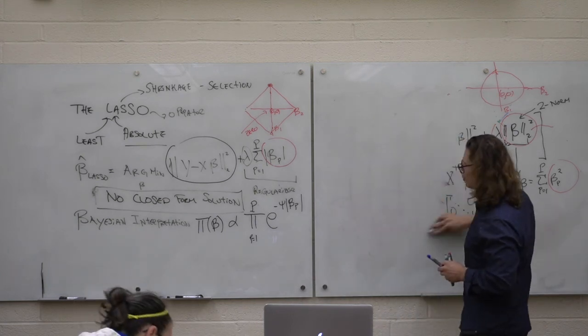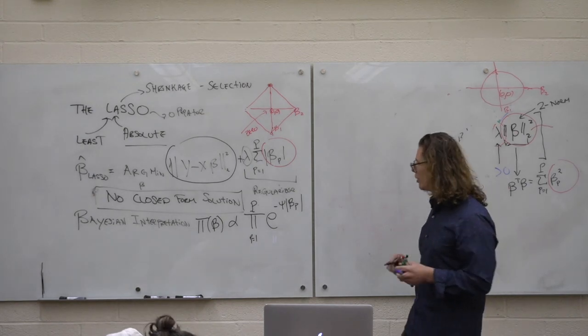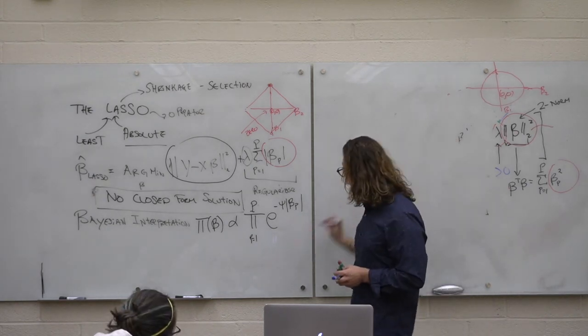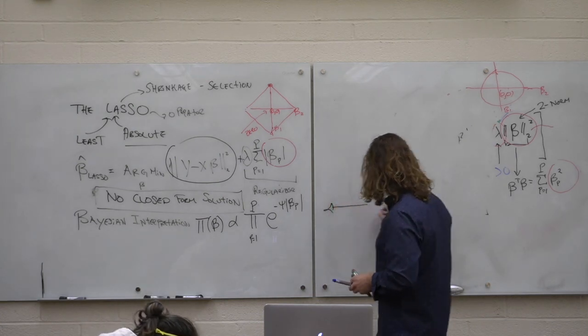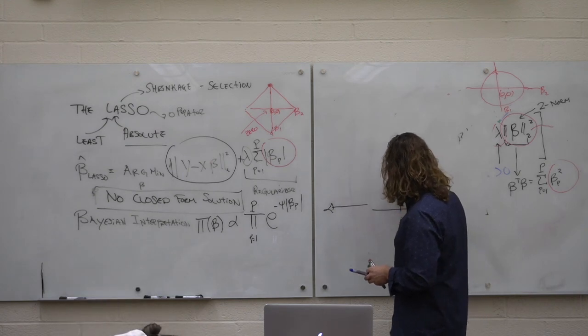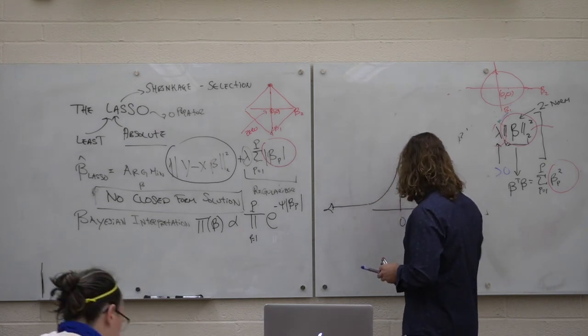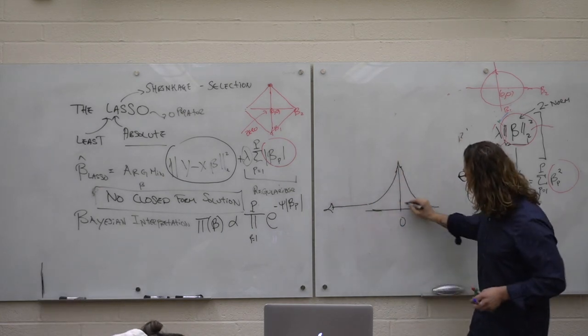I'll say just one or two more things about this and then we'll conclude. And we'll come back next time and I'll show you how we play around with all of this. What does this look like right here? This looks like this. So it's 0. It has a sharp peak right there. This is also not differentiable at the zeros.